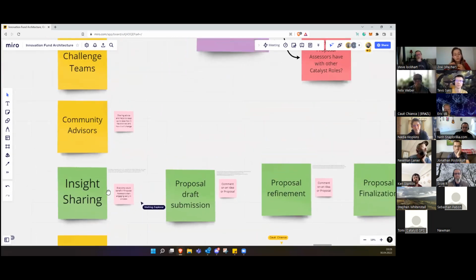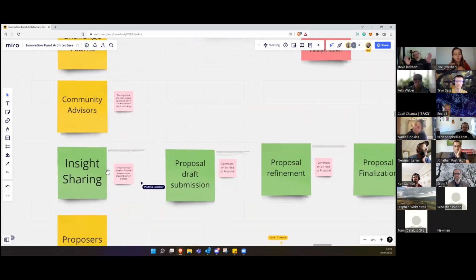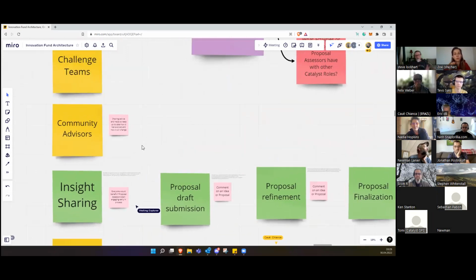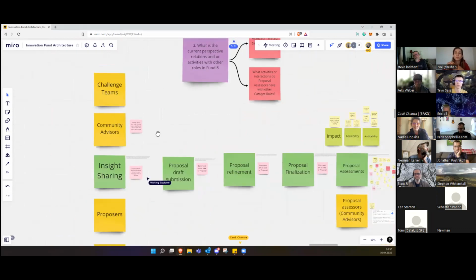And I think that can save the community advisors, when they're assessing, a whole lot of time, right? Because then they don't have to address silly issues. They can really just address the core of the idea and the structure of the team. You know what I'm saying?